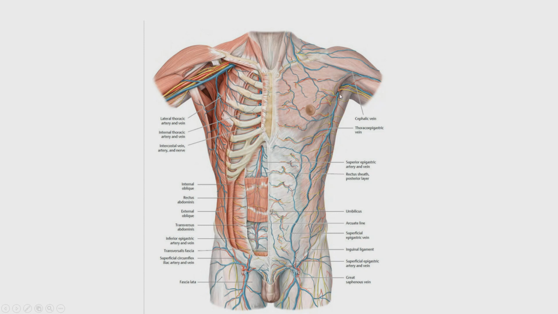The other, as we mentioned, is the thoracoepigastric vein. The thoracoepigastric vein goes superficially and is also interconnected with the lateral thoracic vein here, and all of them finally drain to the subclavian, then to the axillary, and the subclavian to the brachiocephalic and superior vena cava.